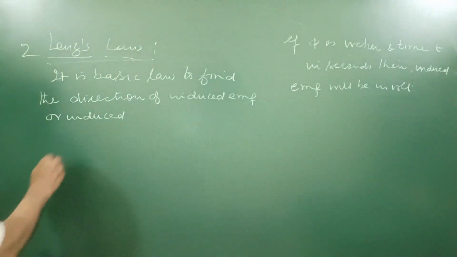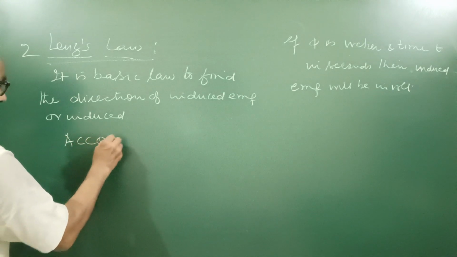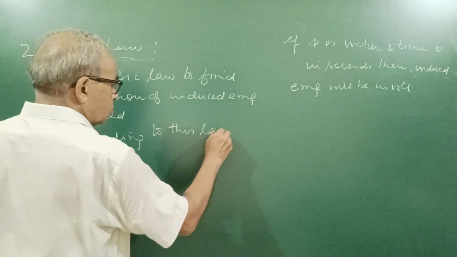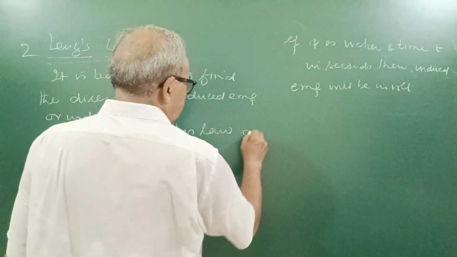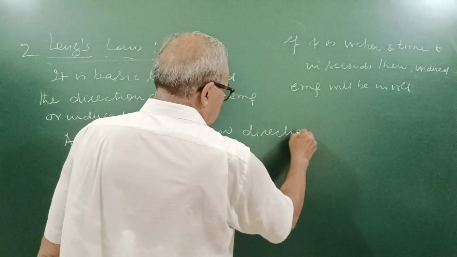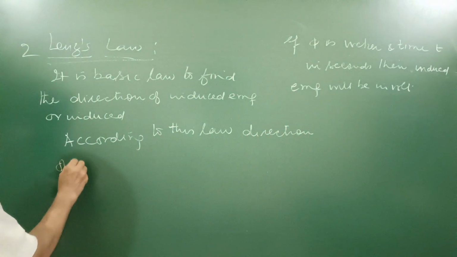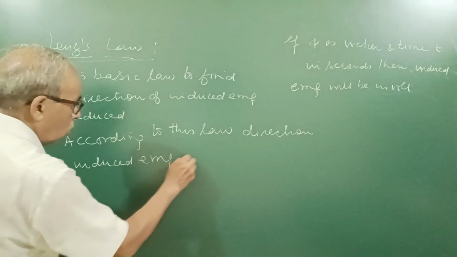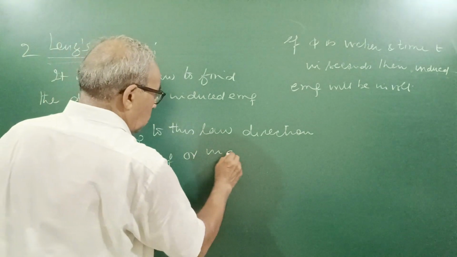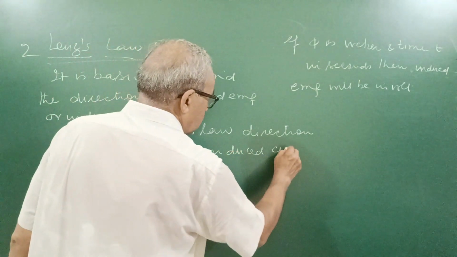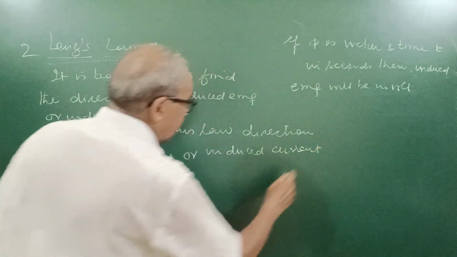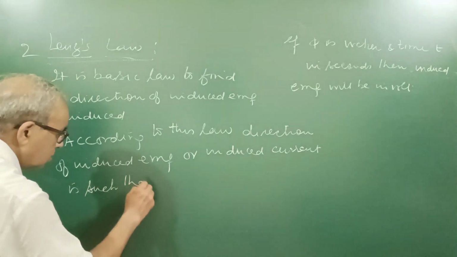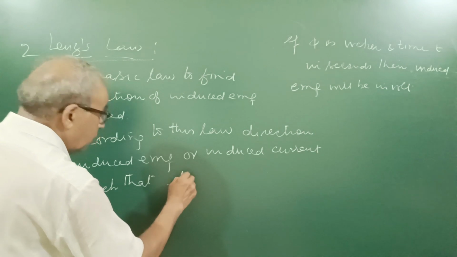So what do people say? According to this law, the direction of induced EMF or induced current is such that it opposes the cause by virtue of which it is produced. It means current or induced EMF.